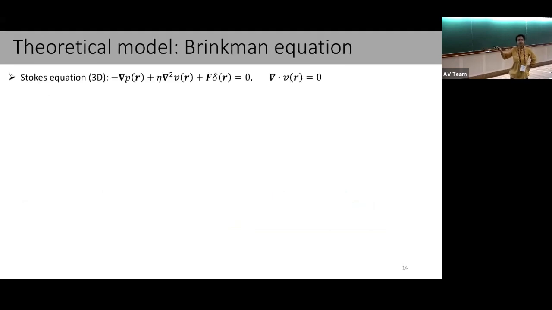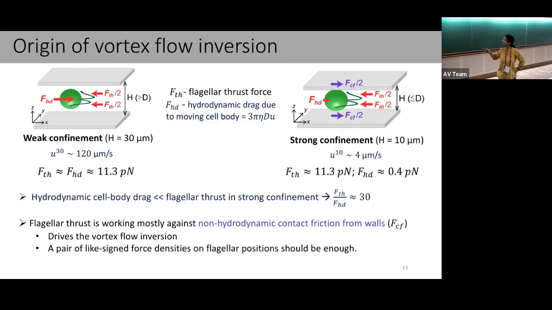Yes. You are saying that H is less than or equal to D. D is the diameter of the flagella, right? D is the diameter of the cell body. Yeah, so that's the experimental design.